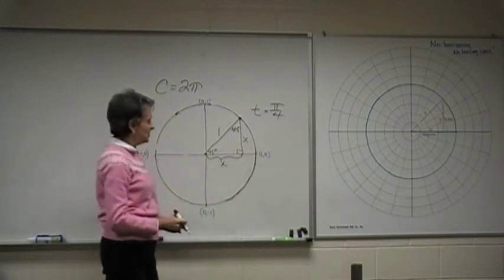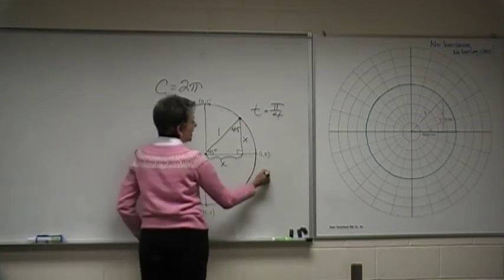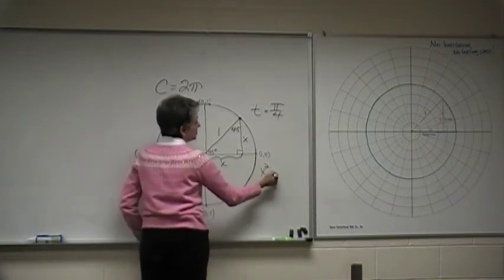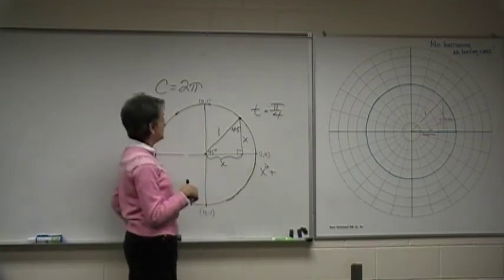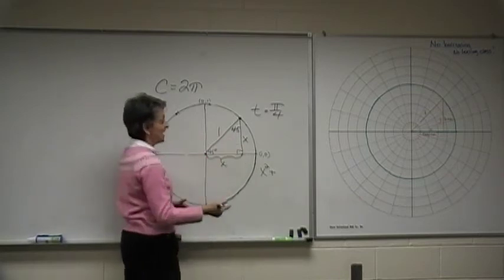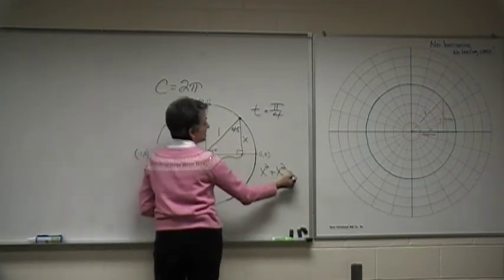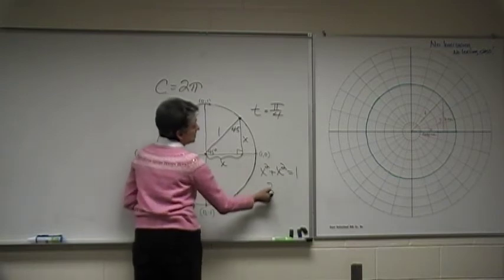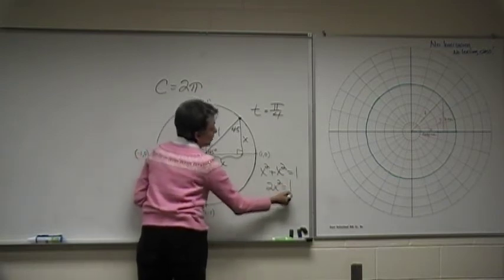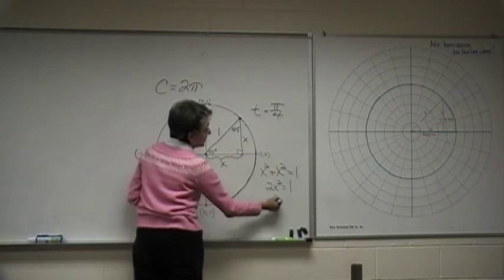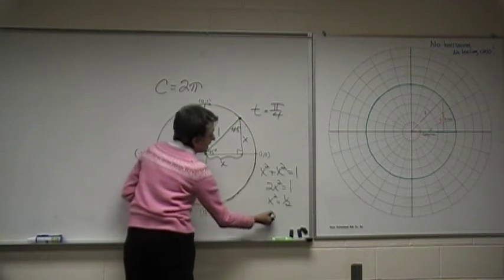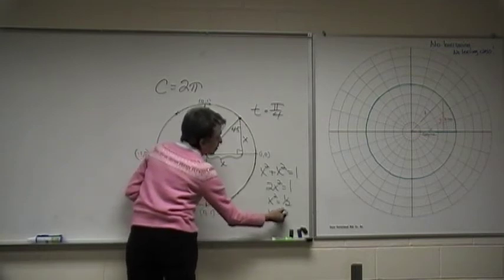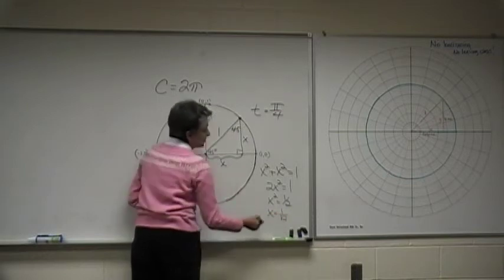Remember the Pythagorean theorem that we use all the time? We have x squared plus, we're not going to say y squared this time. The reason is our y direction is x. So x squared plus x squared equals 1. 2x squared equals 1. X squared equals 1/2. And x will equal the square root of 1 over 2, or 1 over the square root of 2.